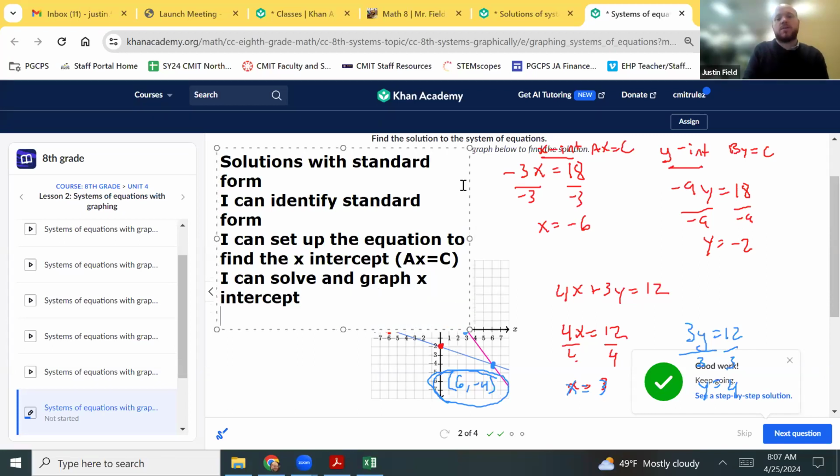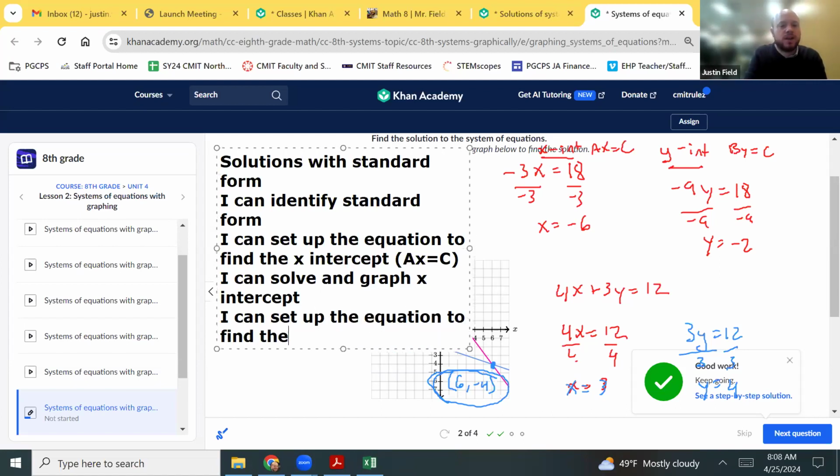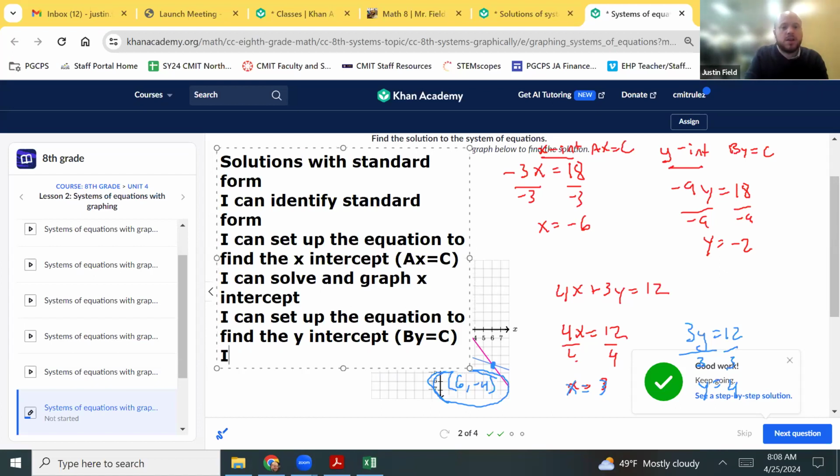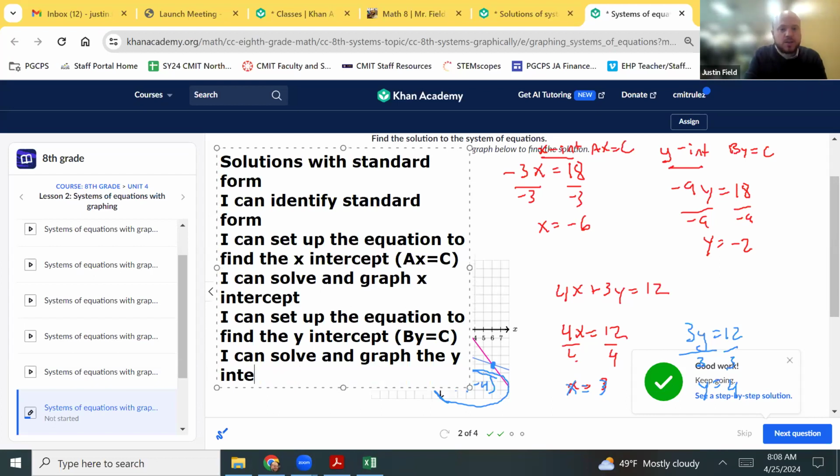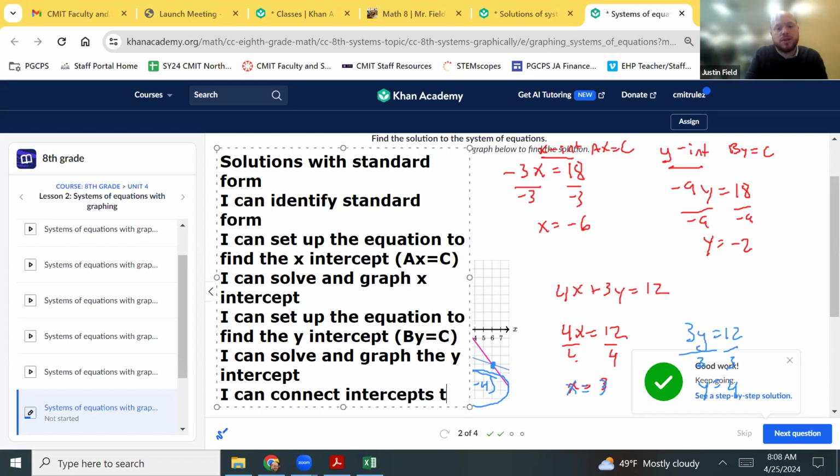And then, what do you think the next one is? I can set up the equation to find the y-intercept. And what is that equation? By equals c. So they both equal c. And I can solve and graph the y-intercept and connect intercepts to graph the line.